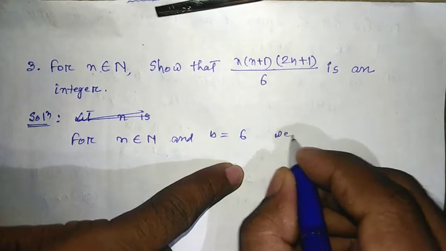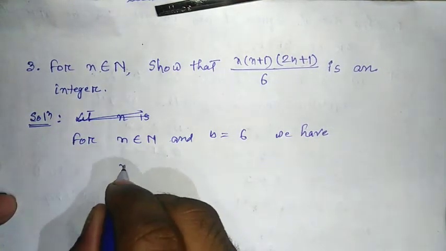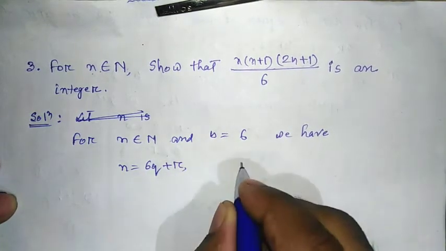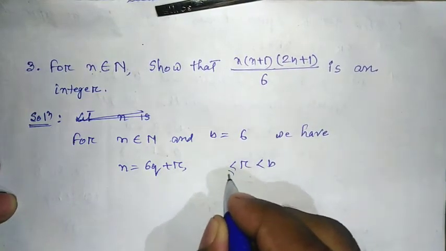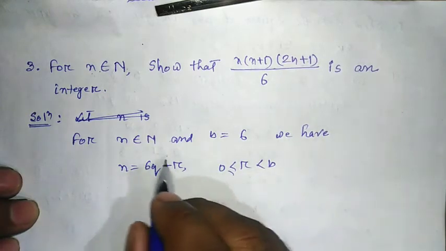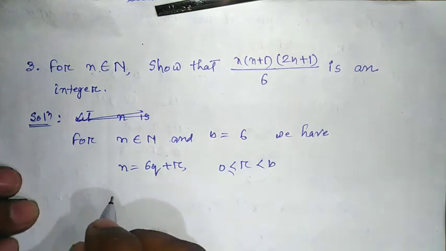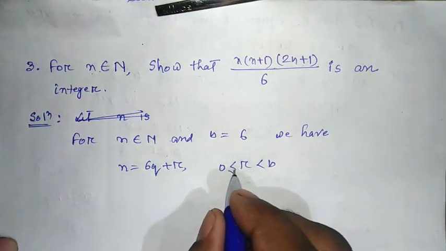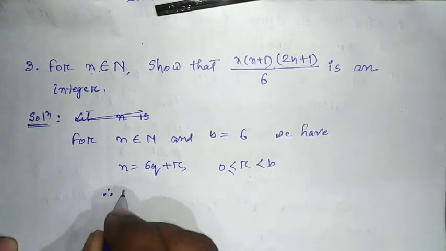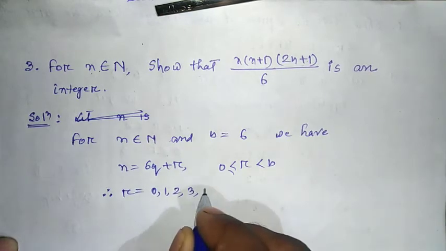We can write n is equal to bq plus r, that means 6q plus r, where r is greater than or equal to 0 and less than b, using the division algorithm in the same way. So here, since r is greater than or equal to 0 and less than b, the possible values of r are 0, 1, 2, 3, 4, 5.